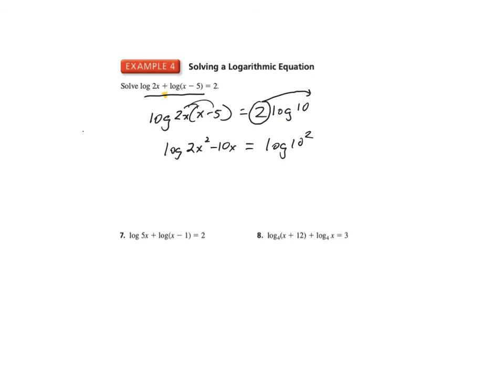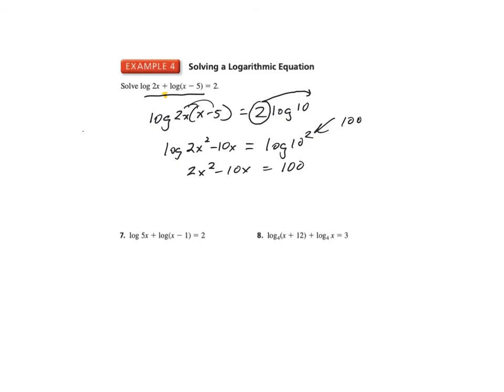Okay, believe it or not, as crazy as that looks, it all comes down to just becoming 2x squared minus 10x equals 10 squared, which is the same as 100, right? Now you're probably going, I forgot how to solve these, but let's not think that.